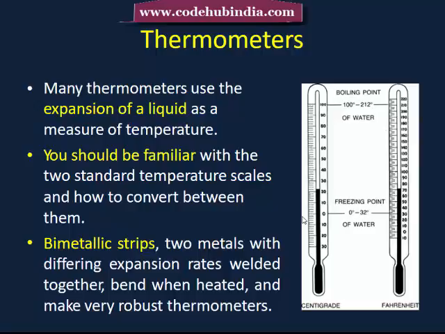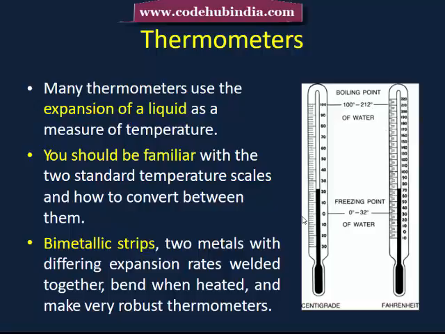Similarly, the boiling point of water on the Fahrenheit scale is 212 degrees, and the freezing point of water on the Fahrenheit scale is 32 degrees. They have calibrated the thermometer, which is charged with a liquid, and due to its expansion, we have calibrated the scale.